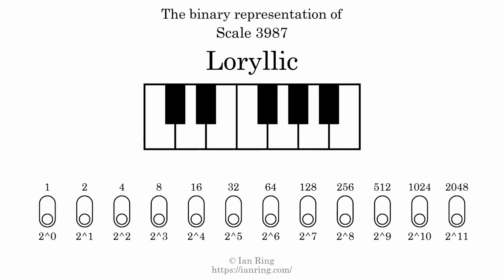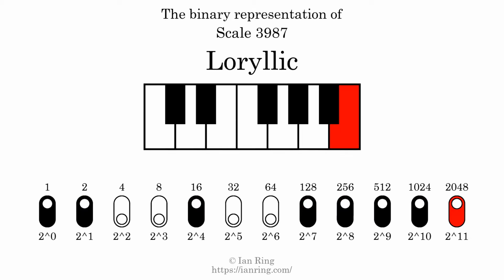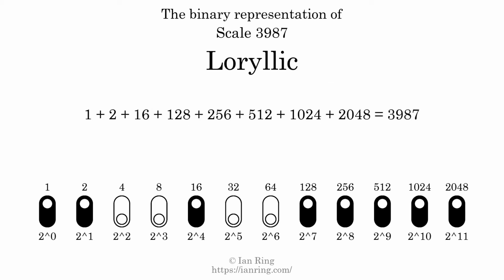The binary representation of this scale is determined by mapping tones of the scale to binary digits. Each binary digit represents a power of 2. To get the scale number, we add the powers of 2 together. The powers of 2 that are present in the scale, all added together, equals 3987.